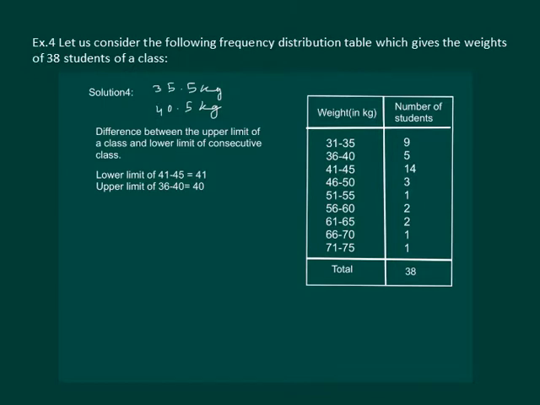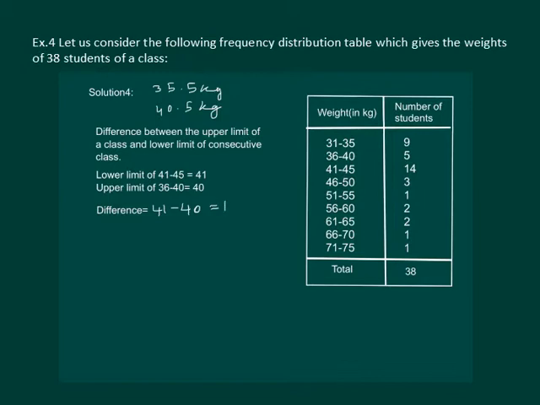For instance, lower limit of the class 41 to 45 is 41 and the upper limit of the class 36 to 40 is 40. Then the difference is 41 minus 40 equal to 1.